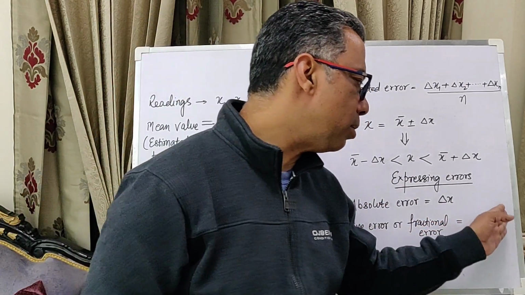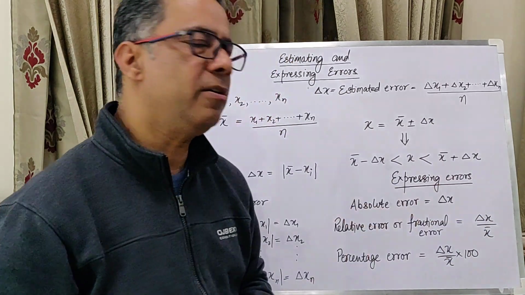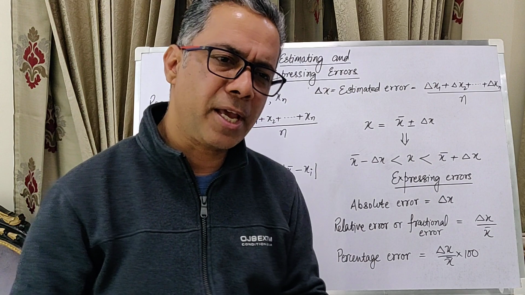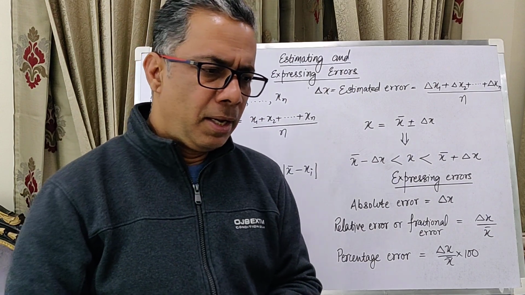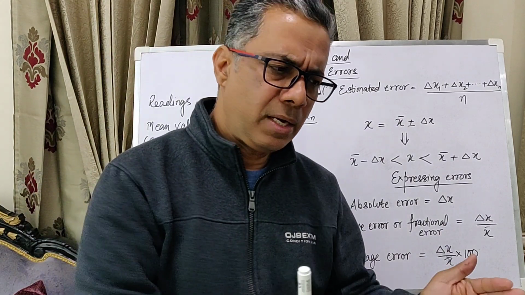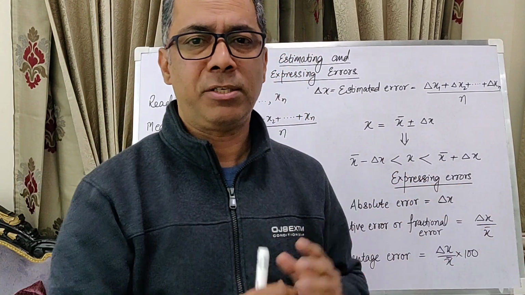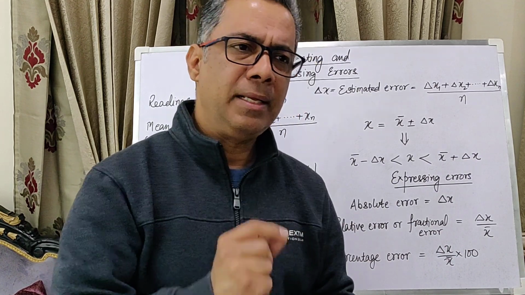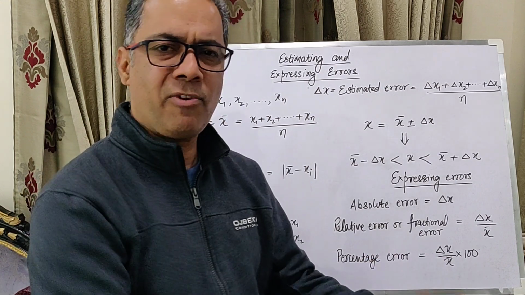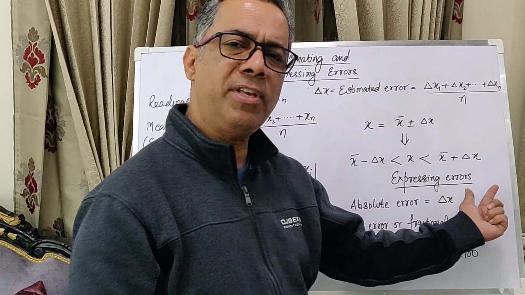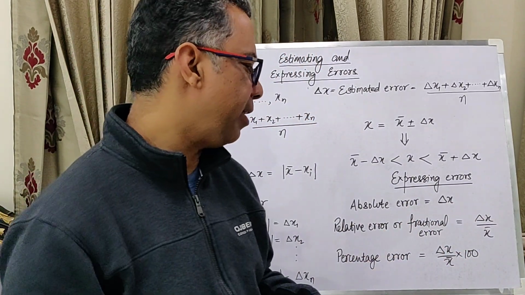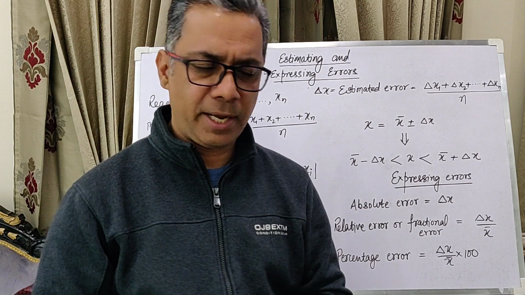This method of expressing the error is sometimes also referred to as accuracy. Why we refer to this as accuracy is that when we compare different measurements, the accuracy is always compared by comparing the relative error or the fractional error and never the absolute error.